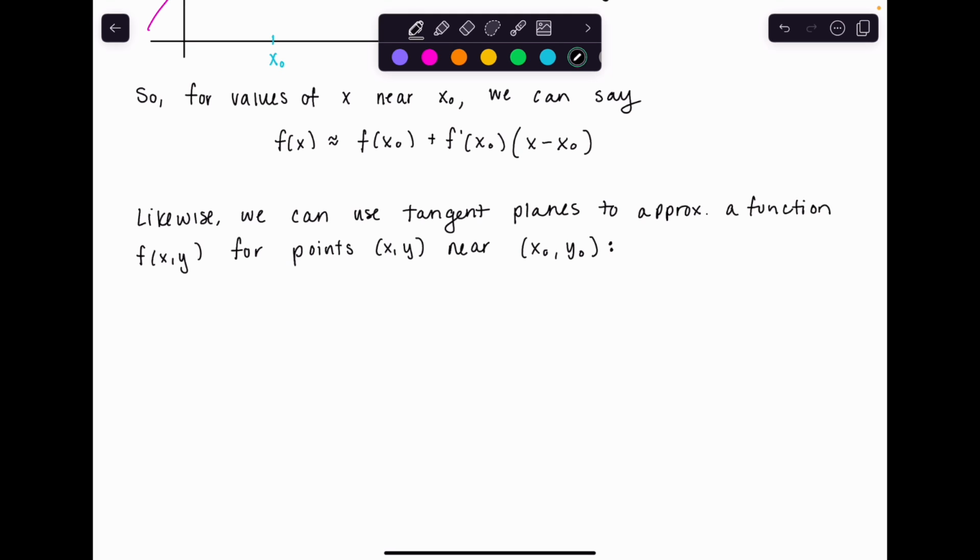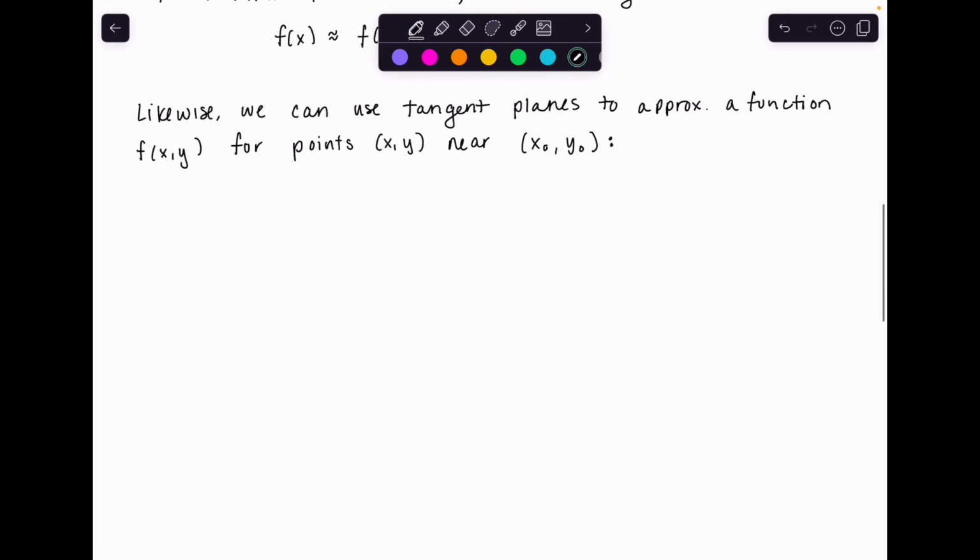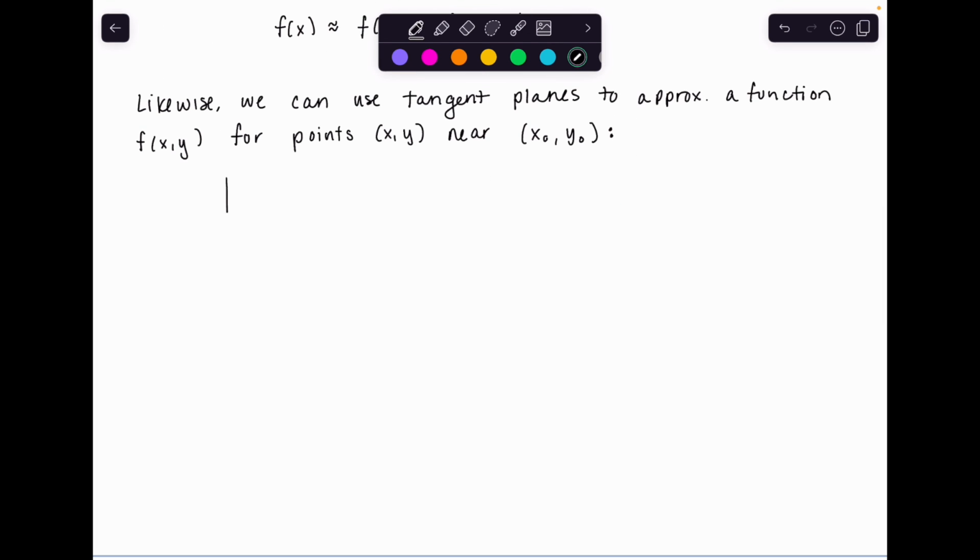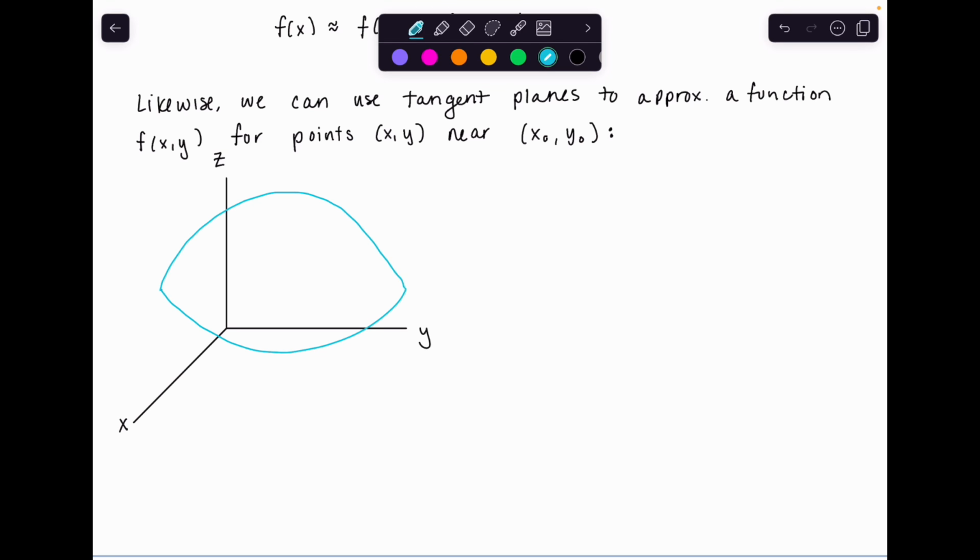Okay, so let's draw a nice picture. And I'll try to draw a different surface this time than my normal one. Maybe we've got kind of a circular looking thing going on here. Here is our function z, which is a function of x and y.